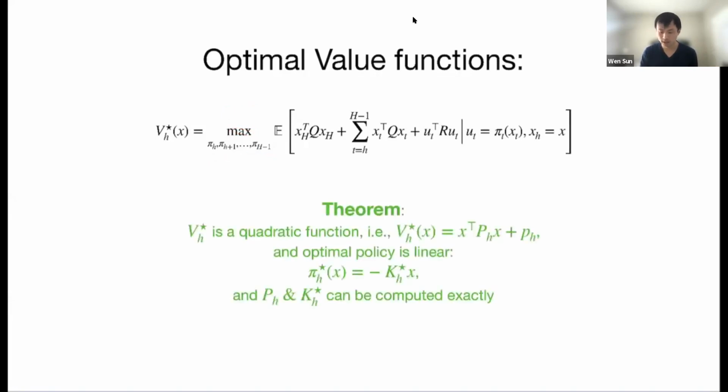And a nice theorem tells us that in this problem, V star is actually a quadratic function. In other words, you can write V star using this quadratic formulation. Here, P_h is a positive definite matrix in R^{d times d}, and this is just a scalar.